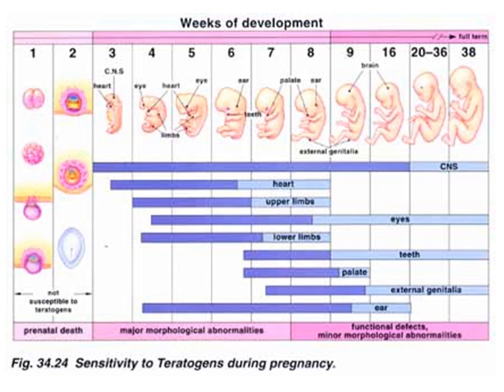So teratogens in the first 2 weeks, if you look here at the bottom, they're going to say prenatal death. If there's a lot of teratogen exposure in the first 2 weeks, it is pretty likely that the zygote won't survive, or even later, depending on where it is in the 2 weeks.